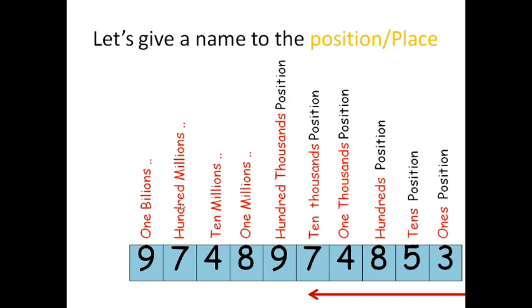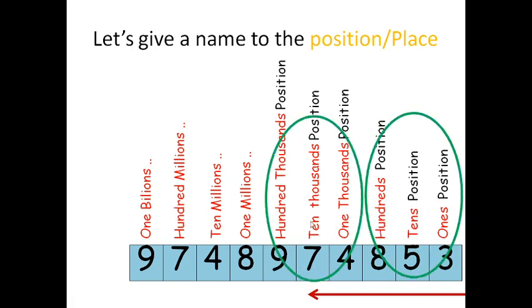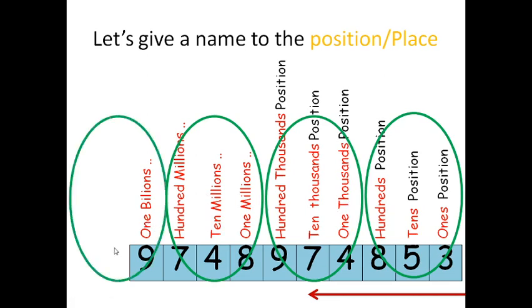So you can see 1, 10, 100 for the millions place. 1, 10, 100, 1000: these are for thousands. 1, 10, 100: these are for the ones, tens, hundreds place. So we can categorize our number into different positions: the millions place, the millions position, and this is for the billions place. Okay.